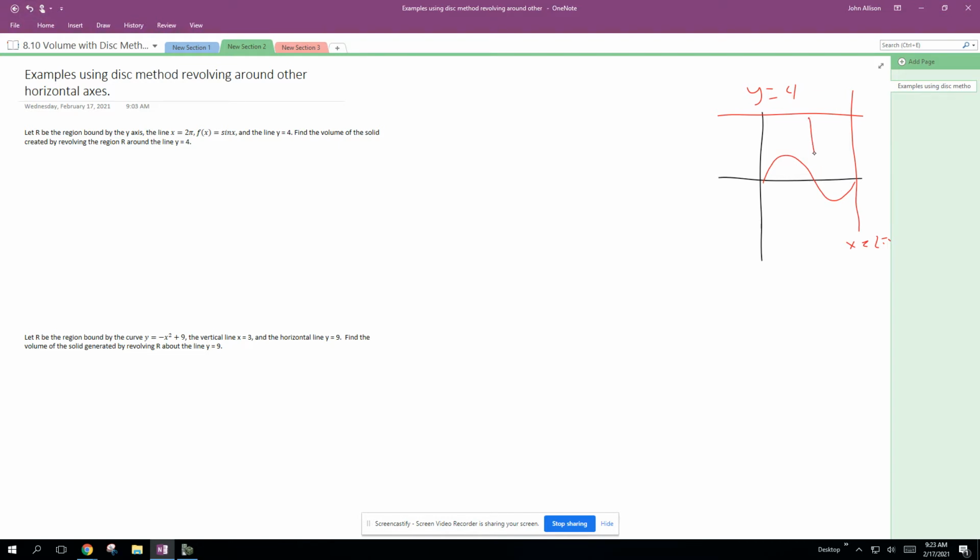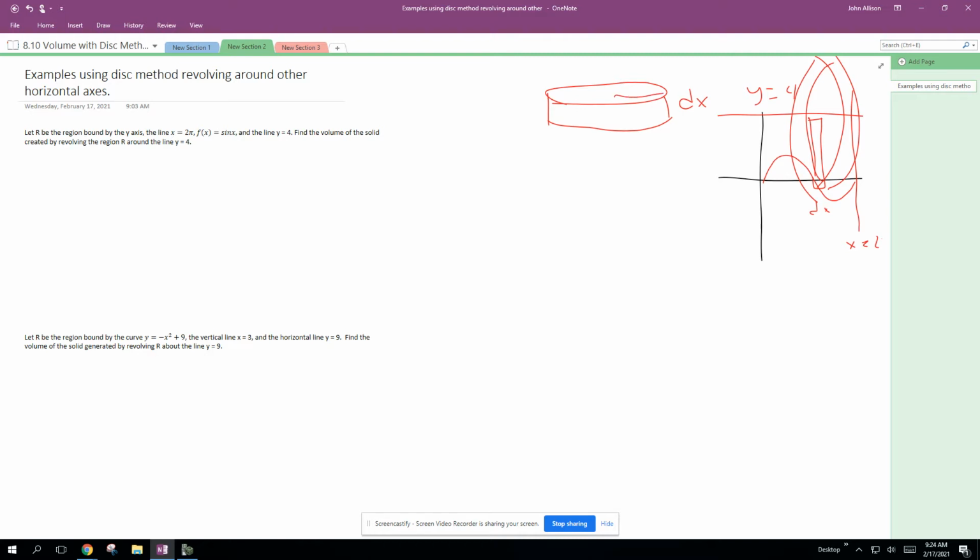So I'm going to draw one rectangle inside there. Width is dx. If I rotate that around, it creates a disk. I'm going to draw that disk over here. Height of that disk is dx.